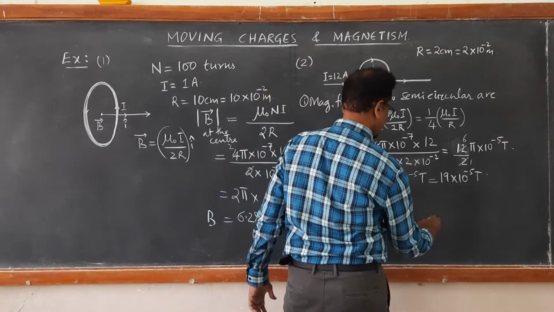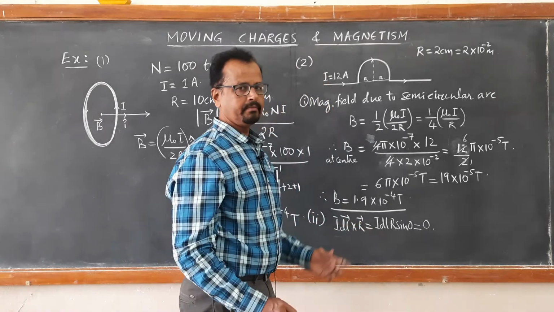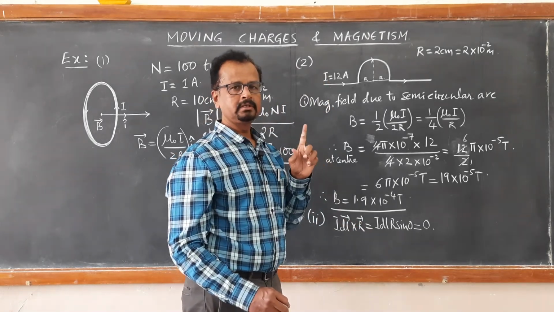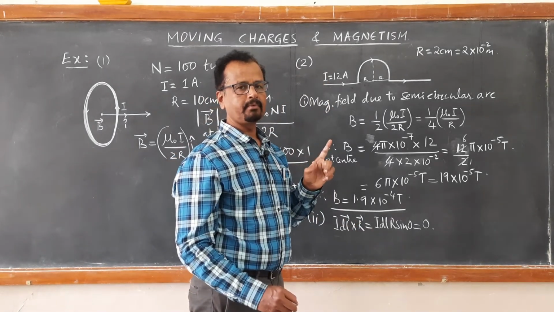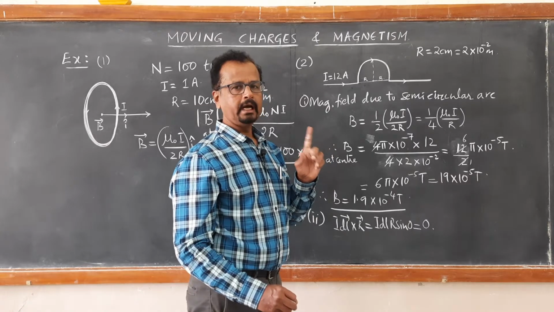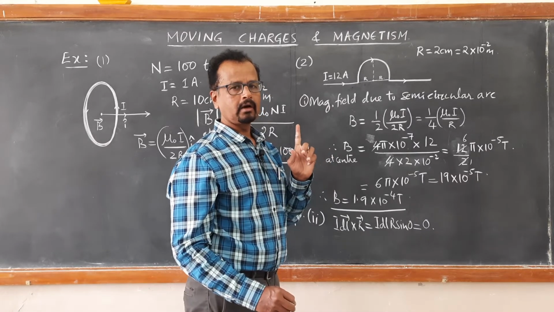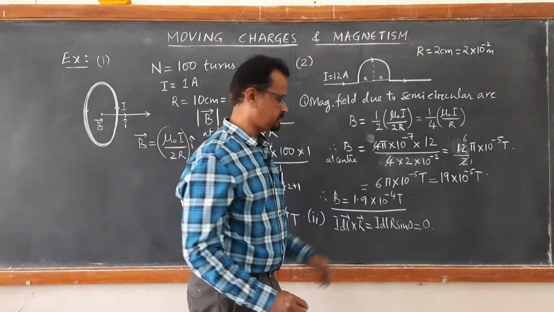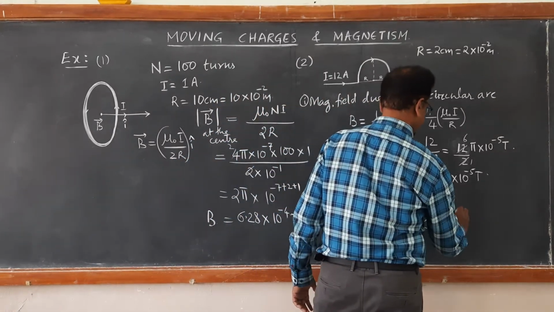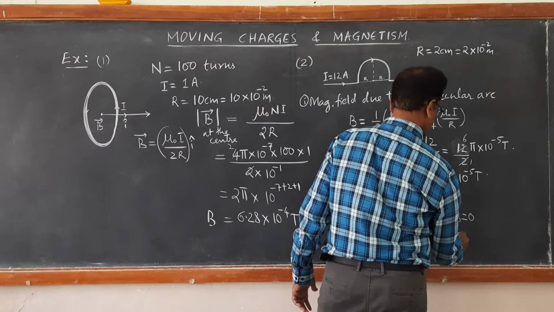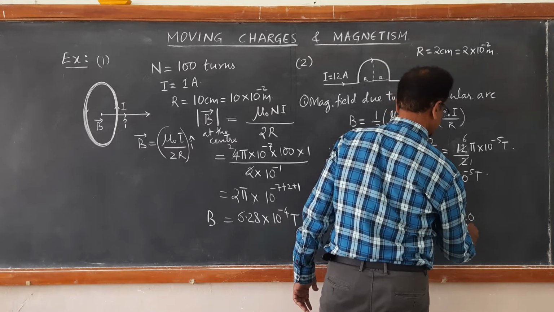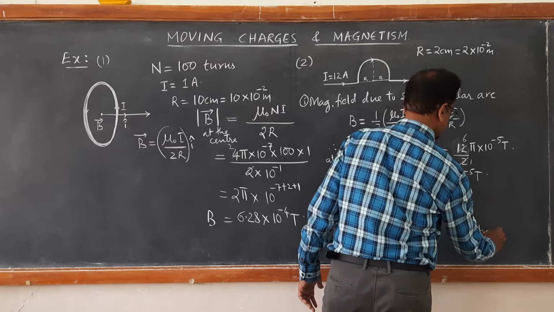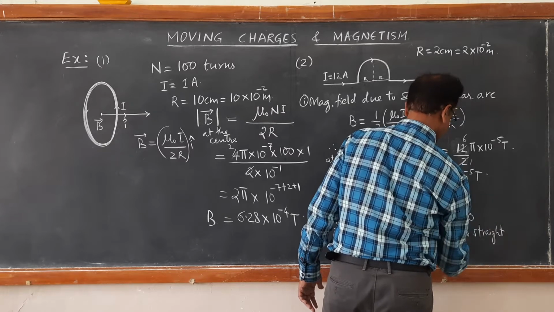Therefore, if you apply the Biot-Savart law, B equal to mu naught upon 4 pi into Idl cross R divided by R cube. When you apply it, it becomes totally 0. Therefore, the magnetic field is 0 due to straight current elements.